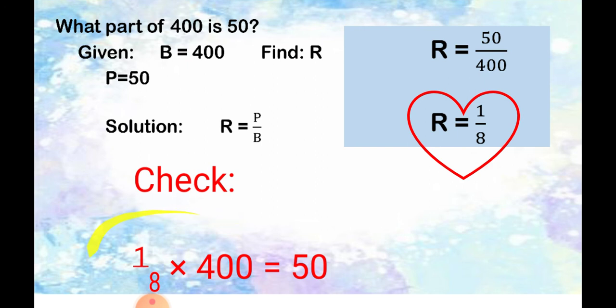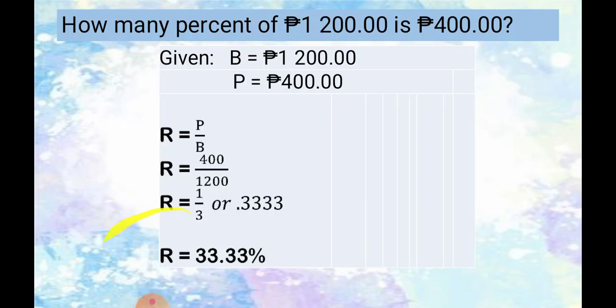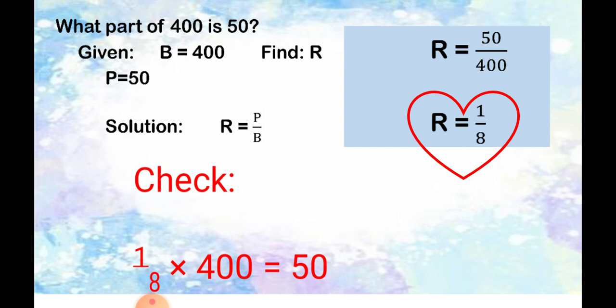So we are going to multiply the base and the rate, 1/8 times the 400, kasi nga the percentage is equal to base times the rate. So 400 over 8 is 50 since we multiply 1 times 400 and then 400 divided by 8 is 50. Therefore, 50 is 1/8 of the 400.